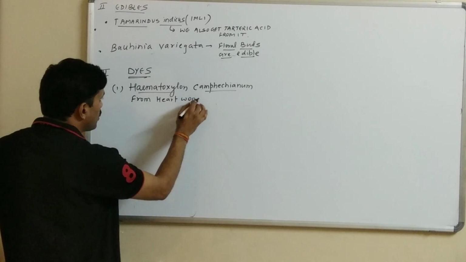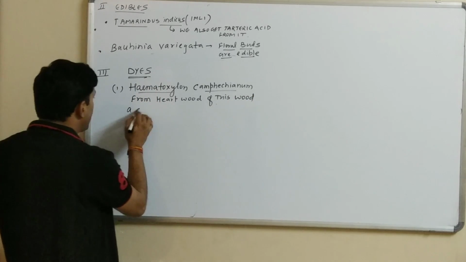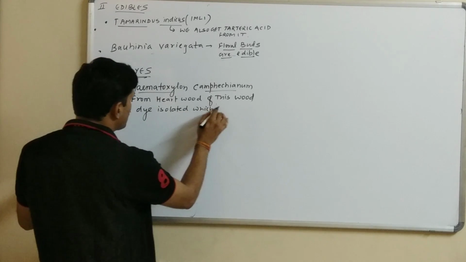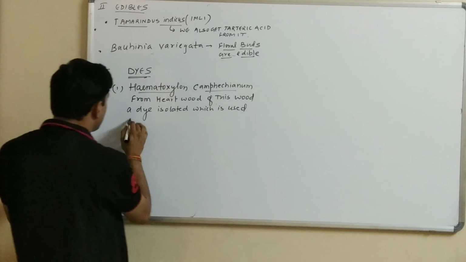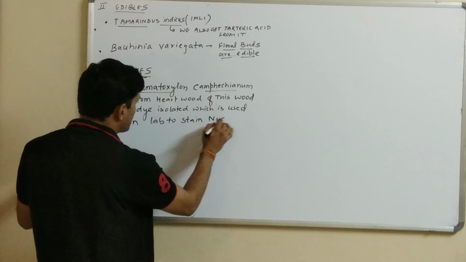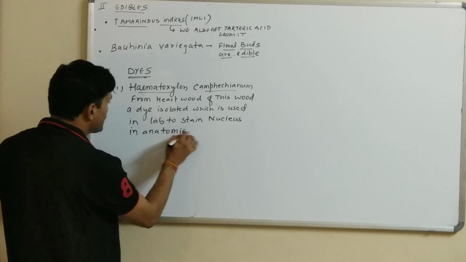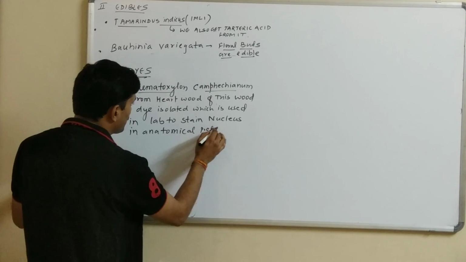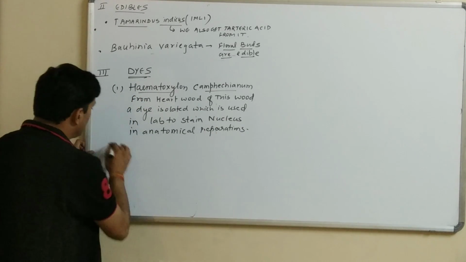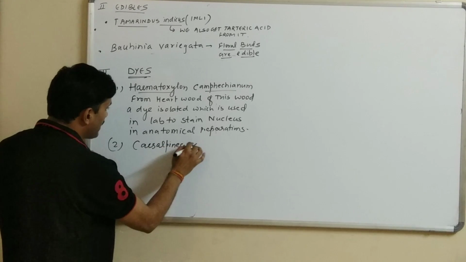From the heartwood of this tree, a dye is isolated which is used in the lab to stain the nucleus in anatomical preparations. Not only this, the second example is Caesalpinia sappan.